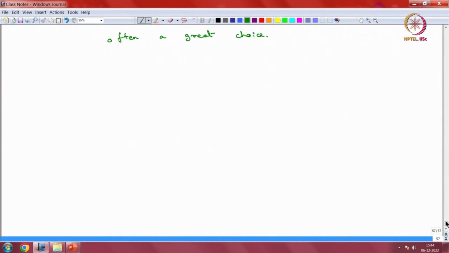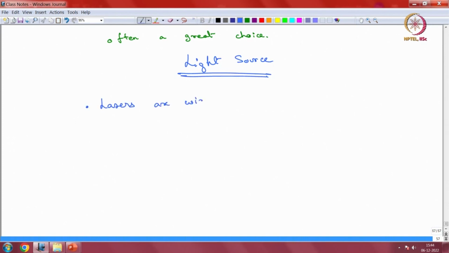and we talk about the light source. Okay. So, we have talked about the tracer and now we are going to talk about the light source. Now, lasers are very widely used in PIV. There is a good number of reasons for that, and the reasons are especially due to their ability.